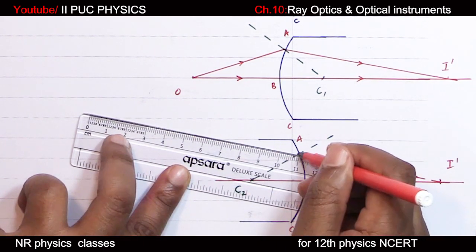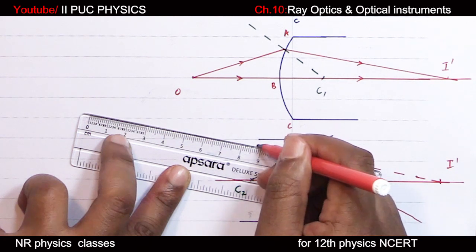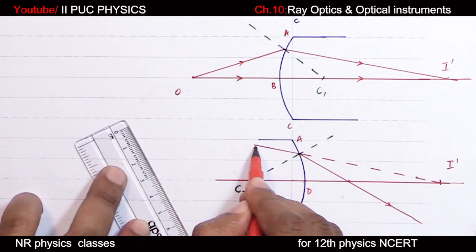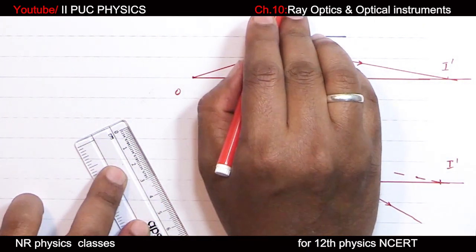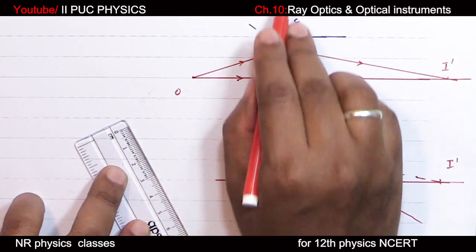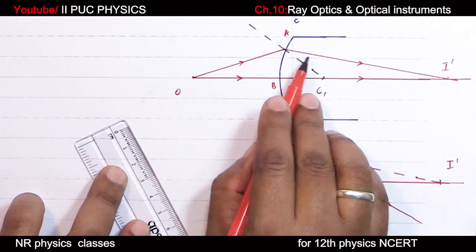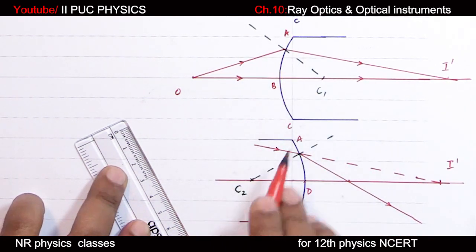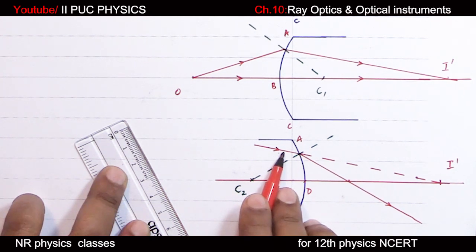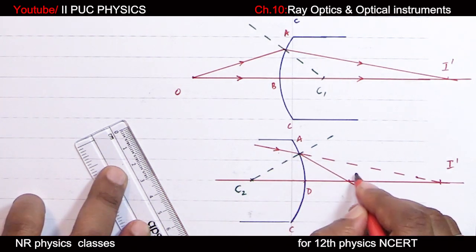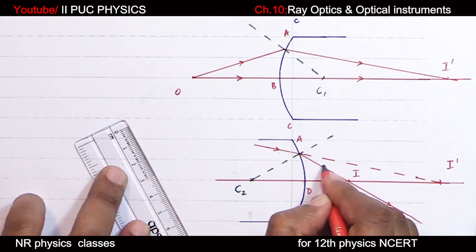This is the incident ray inside glass. See, air, glass. This ray is inside glass. So after refraction, it cuts the principal axis at I. So this is the final image.